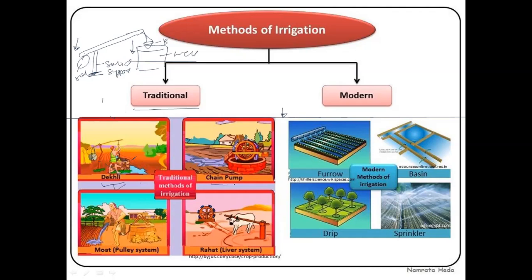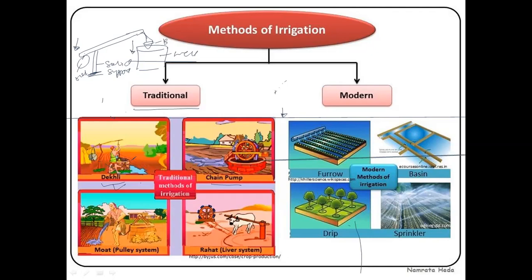Another one is the chain pump. This is the chain pump. Closely observe this figure. What can you observe? How is this system working? Here we have a well and a circular structure.